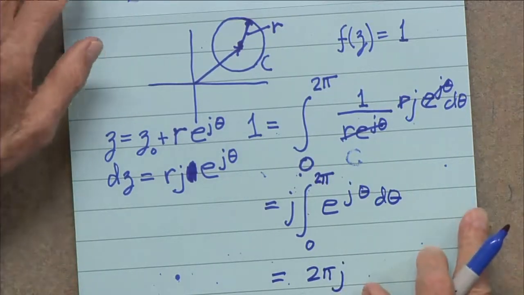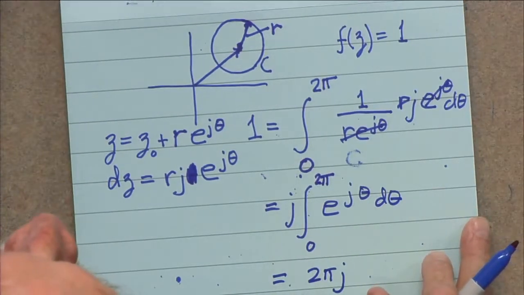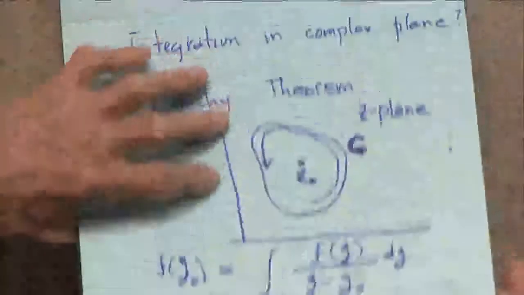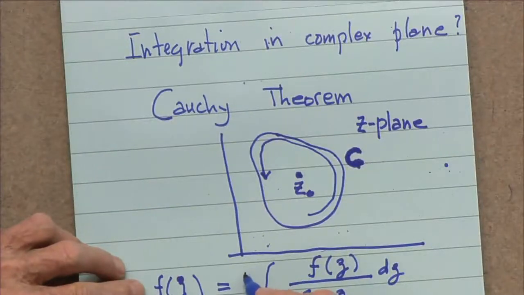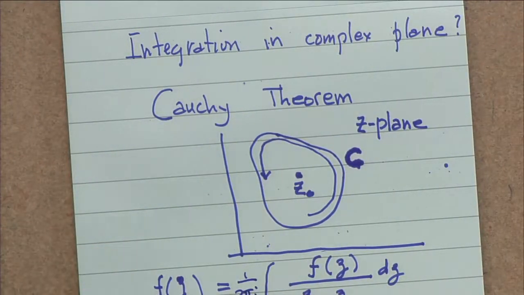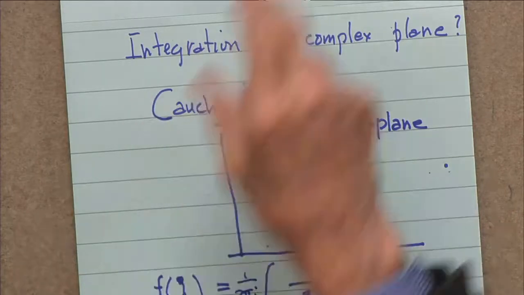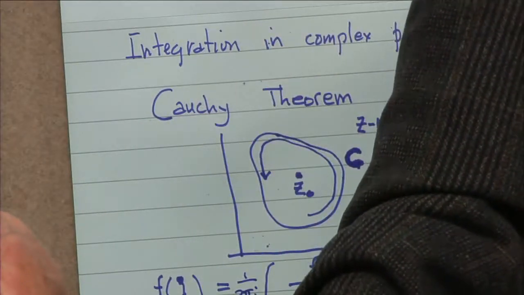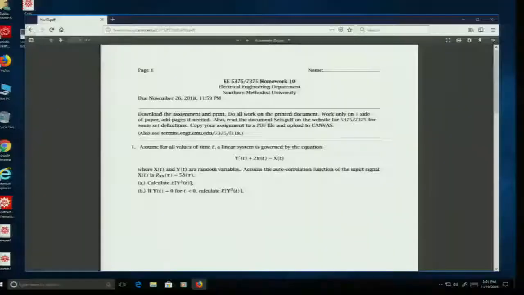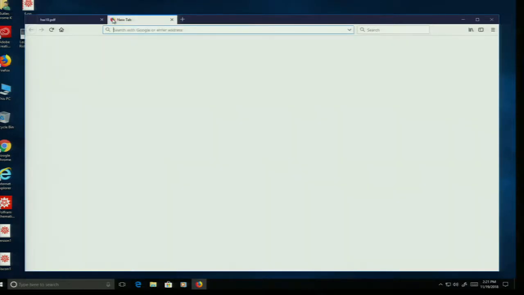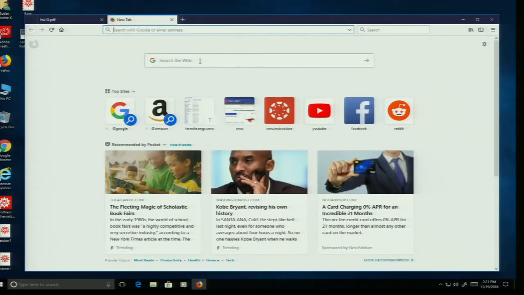So you know what I need to do is multiply by 1 over 2 pi j. Okay, so here we are, Cauchy's theorem.